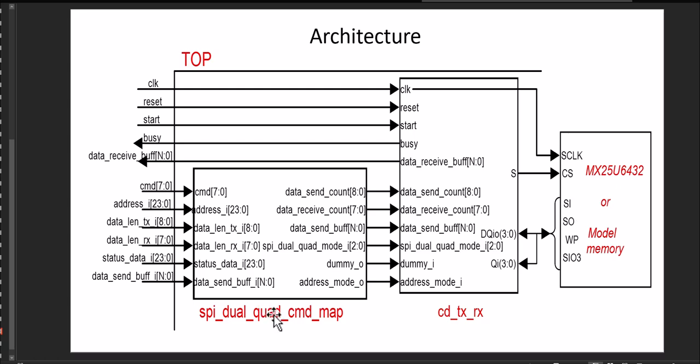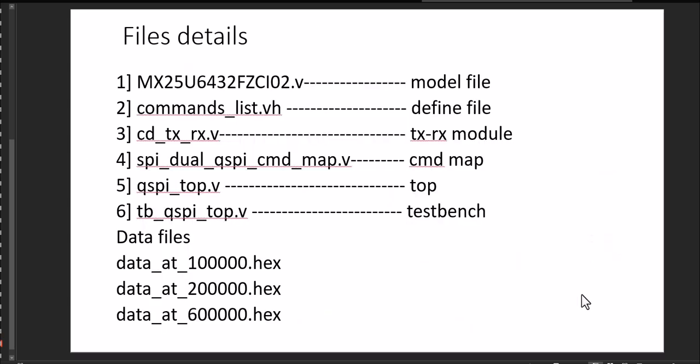So there are two modules we have to concentrate on, the command map and the CDD. CD means command data transmit receive, and the whole is wrapped up on the top, and there is one model from the Flash, or you can use a vendor-based IP. Okay, so file details are there. We are referring to the MX250 model.